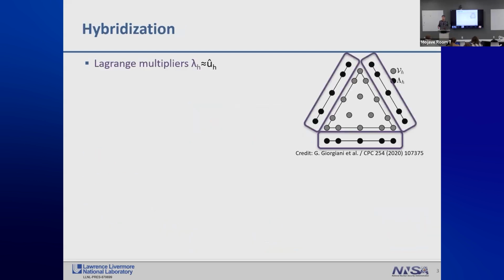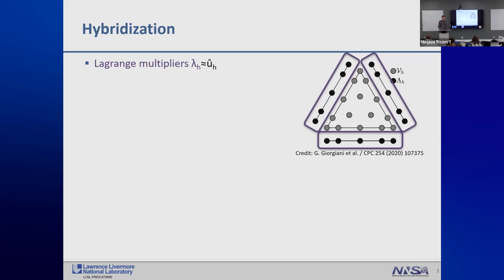My second cornerstone is hybridization. So we introduce some Lagrange multipliers, lambda, which live only on the skeleton of our mesh. And we can then break the continuity of our elements and reduce the system only to these face values, skipping basically the interior degrees of freedom, which do not exchange any information with neighboring elements.